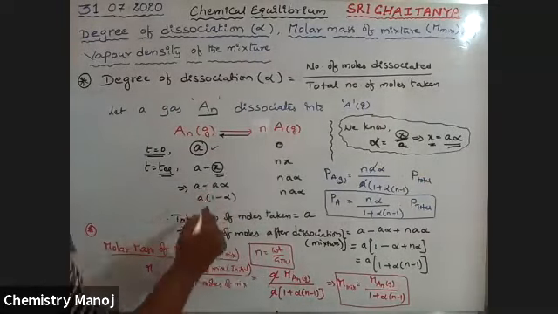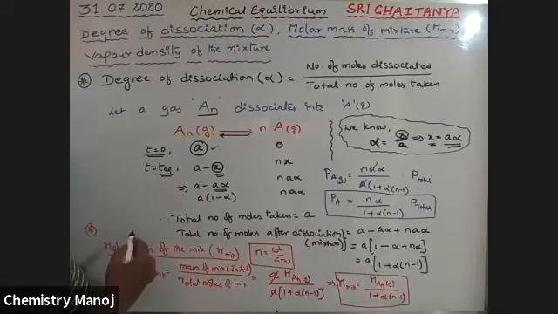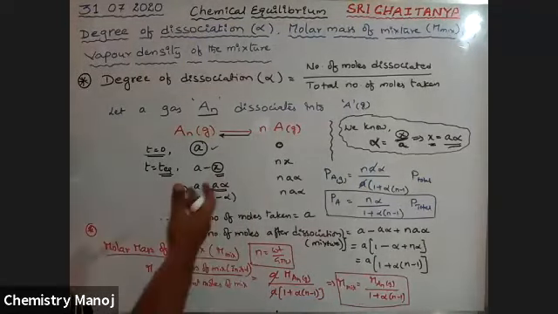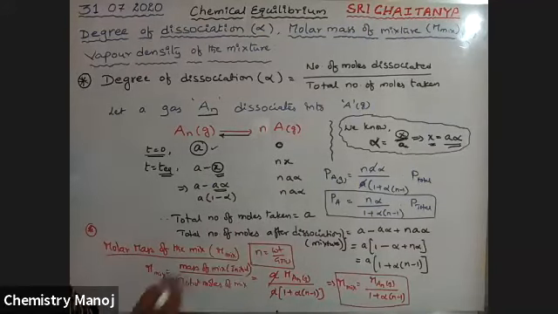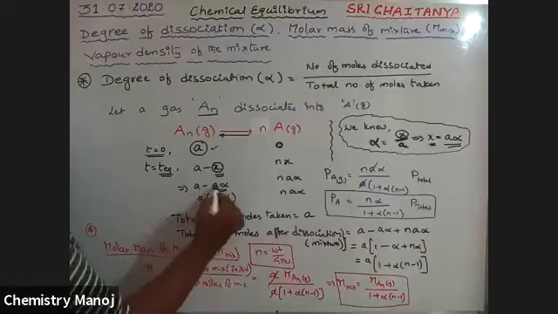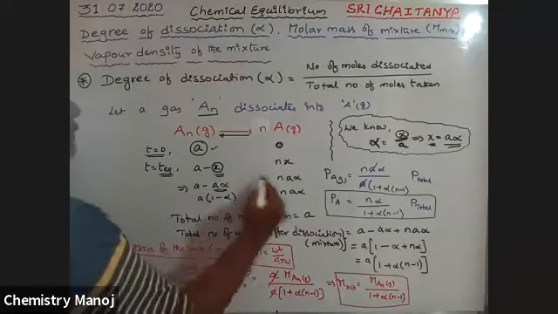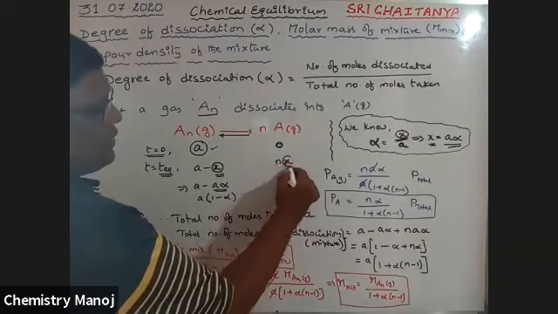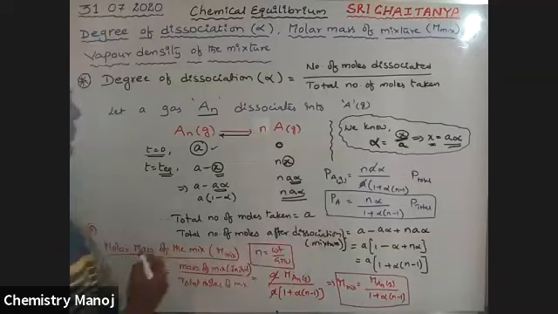Substitute that value here. For 1 mole it is alpha, for a moles it is a alpha. Therefore a minus a alpha, finally it is a into 1 minus alpha. The products formed are n a alpha, which is the final answer.